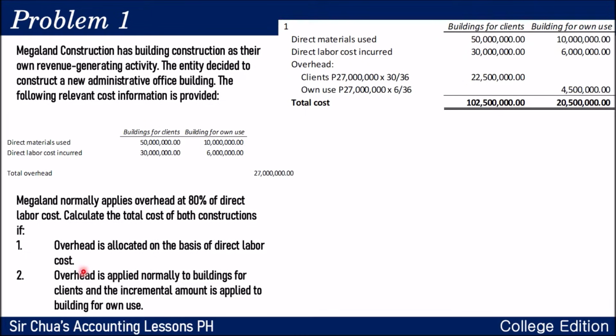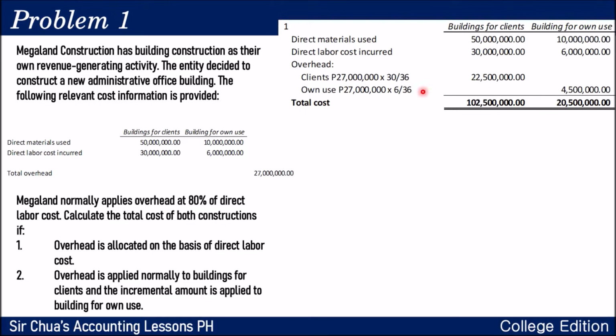Now, for number 1, ang sabi po sa atin is overhead is allocated on the basis of direct labor cost. So, gagawan po natin ng ratio si direct labor cost ng buildings for clients and yung direct labor cost ng building for own use. So, 30 plus 6 is 36.